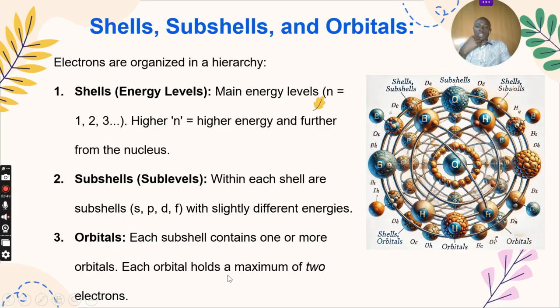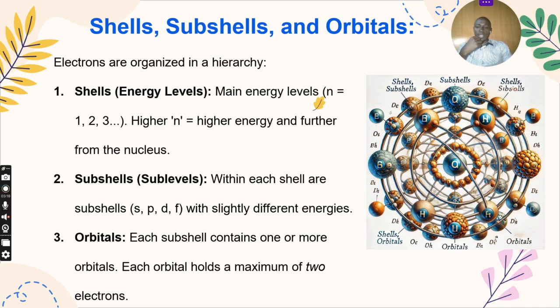Each subshell contains one or more orbitals, so orbitals are more or less like subdivisions of subshells. Although they are properly defined as the region where there is a high probability of finding an electron, these regions are found within subshells.